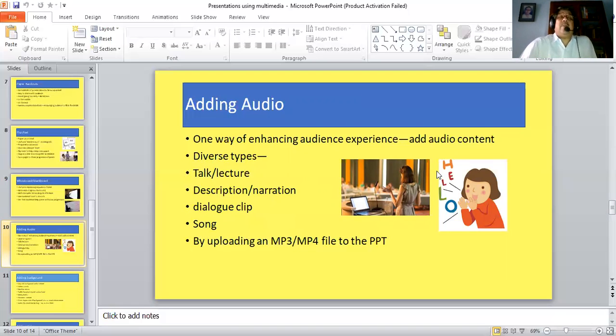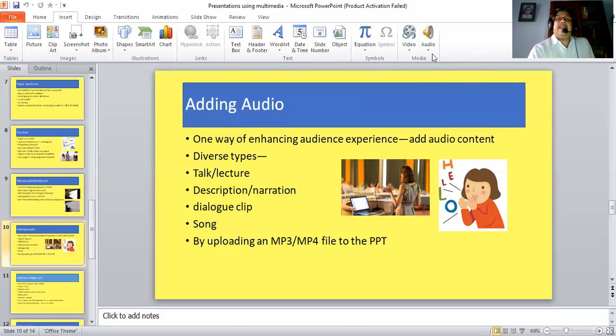You just have to go to Insert, and then click on the slide, the options for adding multimedia, and there you will find, like for example over here, you have the audio.